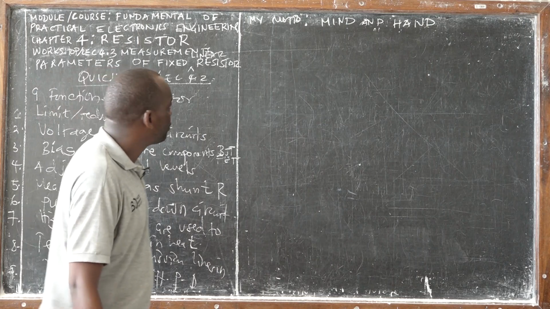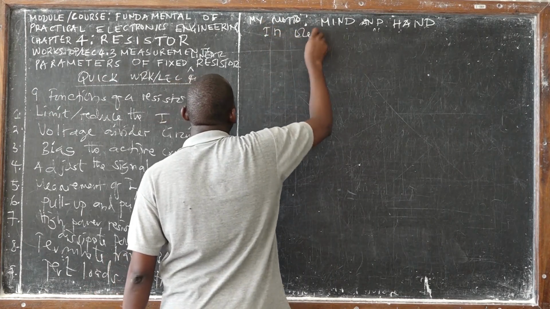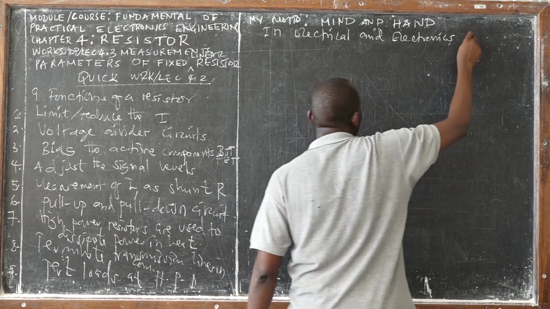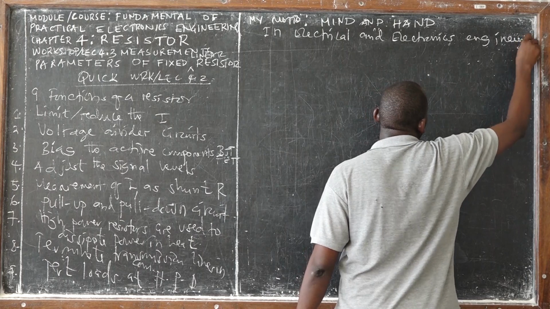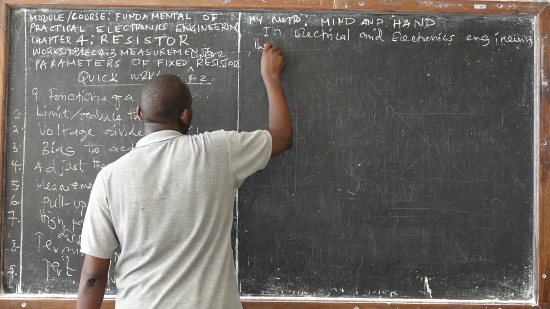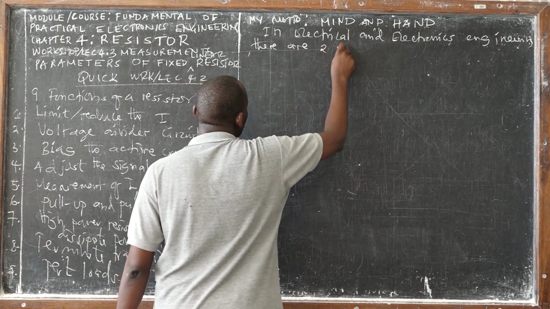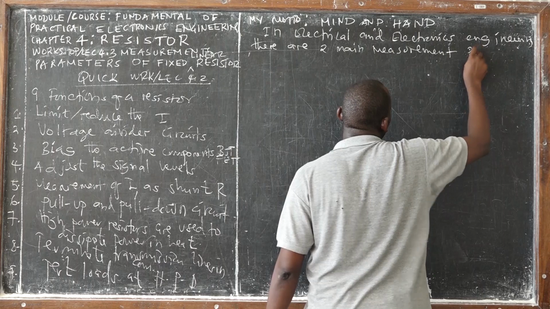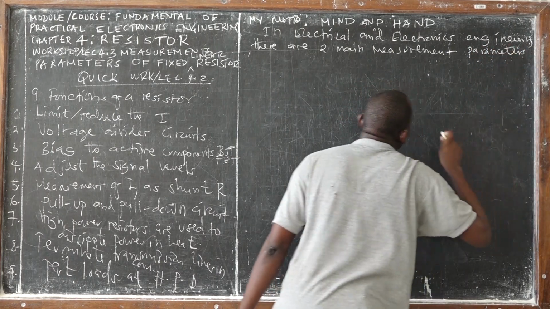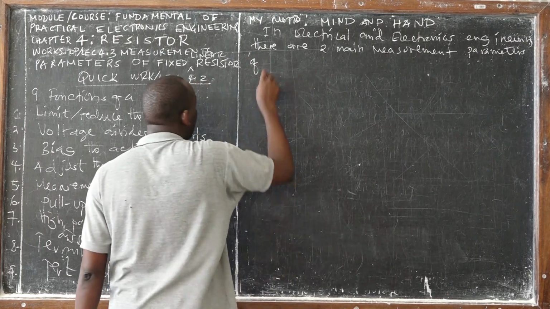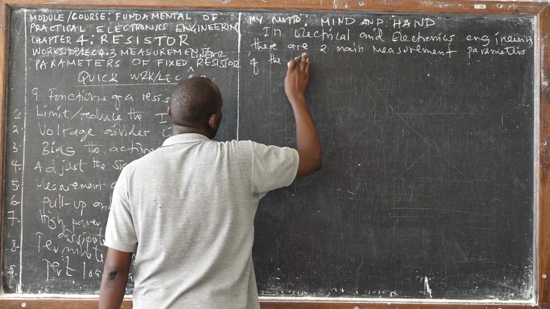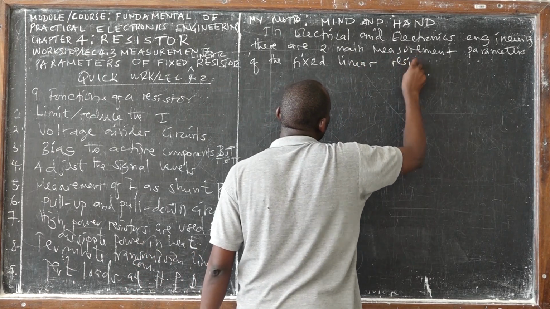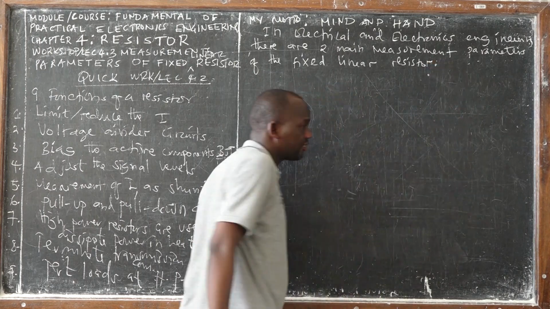So he said that in electrical and electronics engineering, there are two main measurement parameters of the fixed linear resistor.